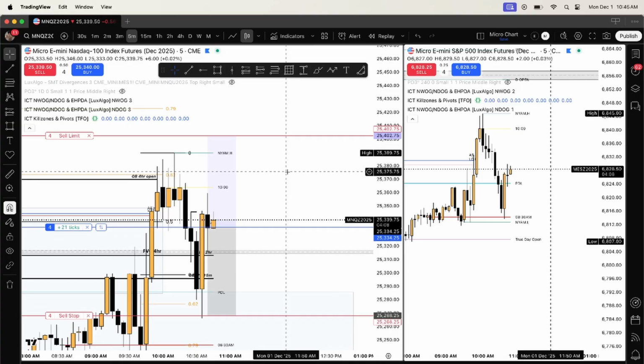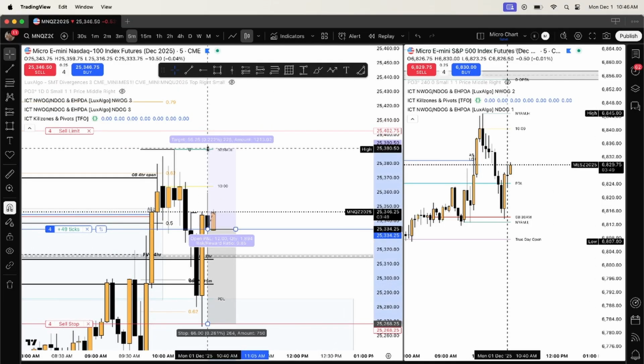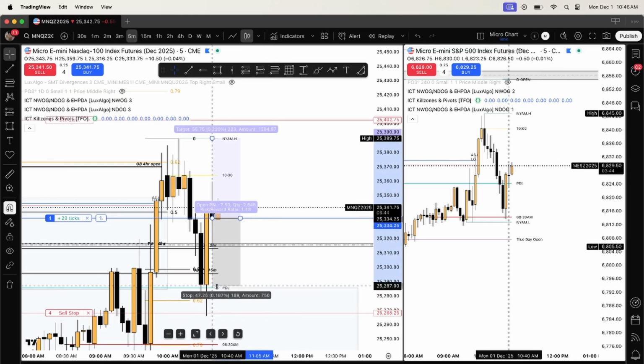I know we have those equal lows as a draw on liquidity, but NQ looks bullish. So I'm going to take a bullish trade on NQ. Not really going to focus on what ES is technically doing, even though I know ES wants to push its way up. Definitely, for sure. If we were to go here, stop loss would have to be like there.